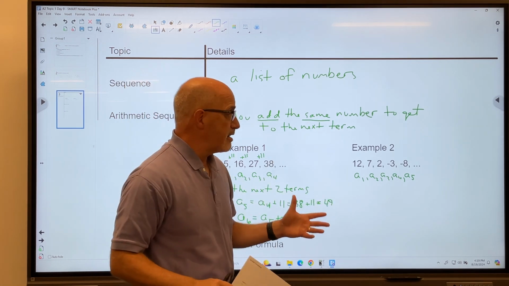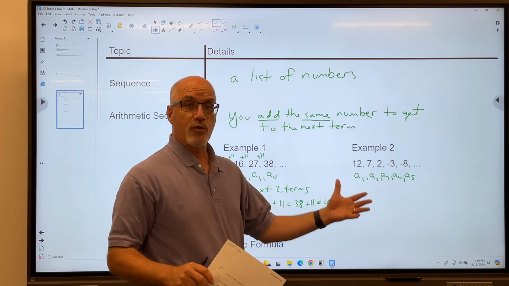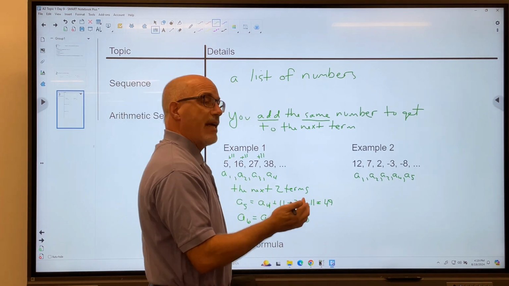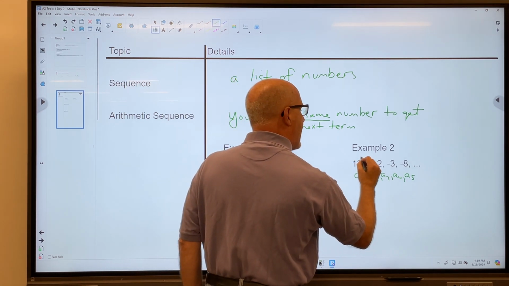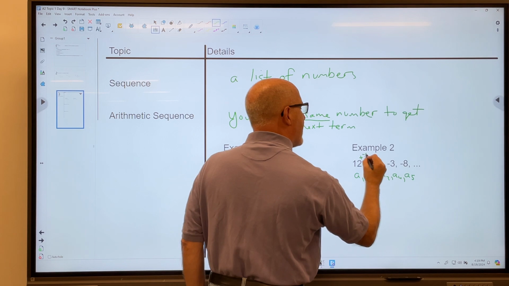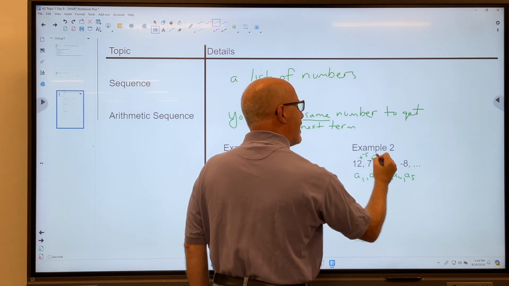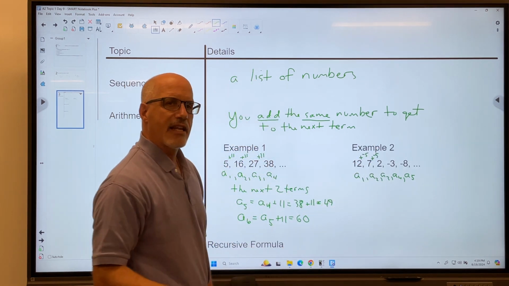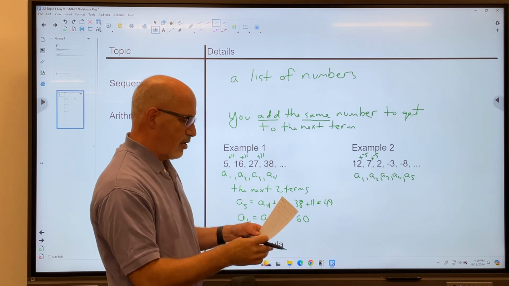Well, you might look at that and say, wait, we're going down in numbers, so looks like we're subtracting. Well, we can describe that as adding a negative. To get from 12 to 7, we're going to add negative 5. To get from 7 to 2, we're going to add negative 5. So you just keep adding negative 5 on it each time, and you get to the next term.